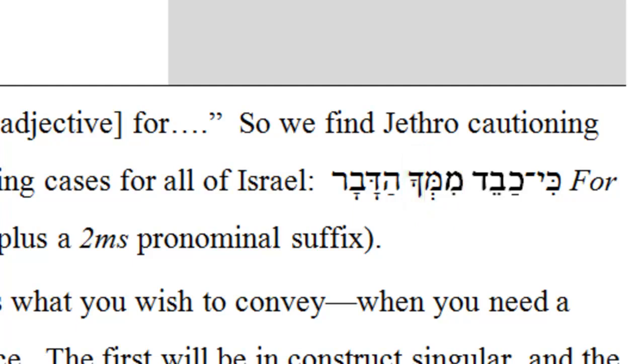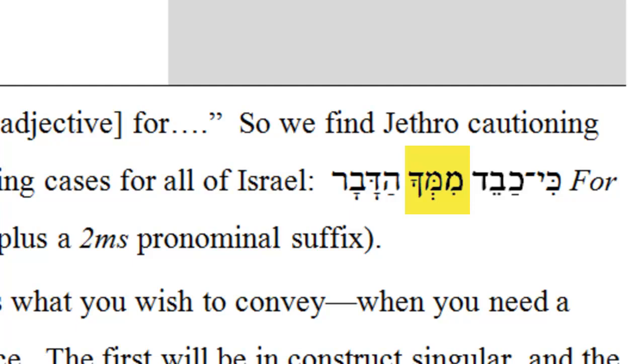A brief comment may be in order concerning the word mimcha. It does consist of the preposition min, followed by the pronominal suffix for you, masculine singular. We might expect this to be spelled mem nun plus kaf, but the normal spelling is mem mem with a dagesh, followed by kaf.